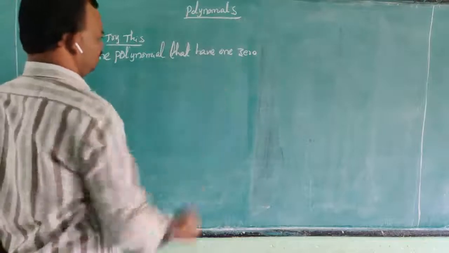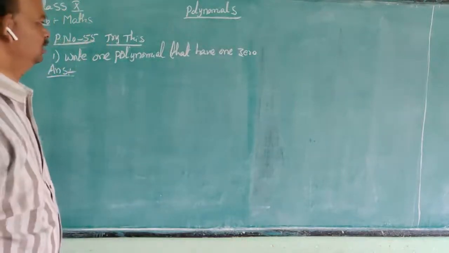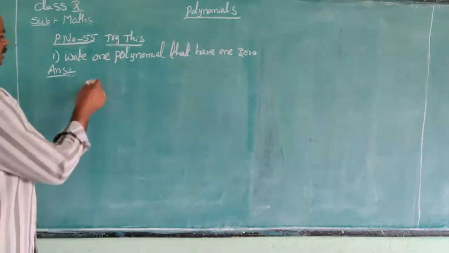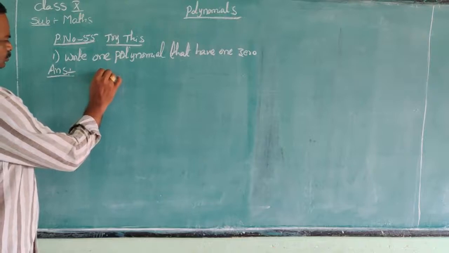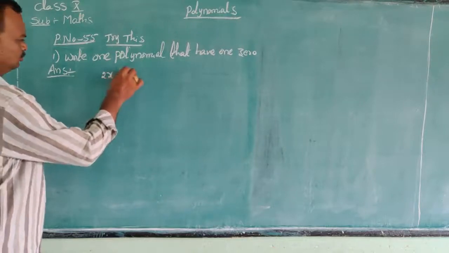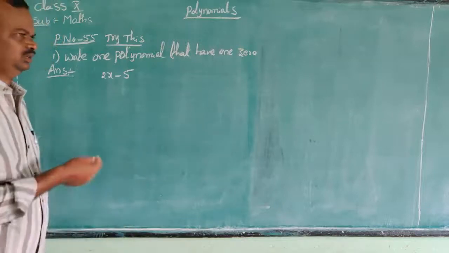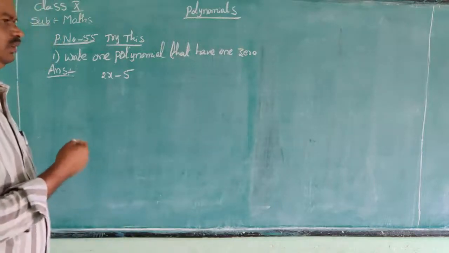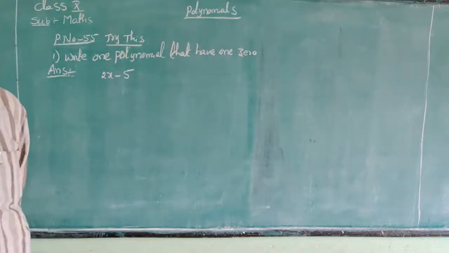One zero means it is a linear equation. Linear equation means having degree 1, that means having power 1 in the variable. So the answer is x plus 5, or x minus 5, or 5x minus 6, or 2x minus 5. Any one of them.